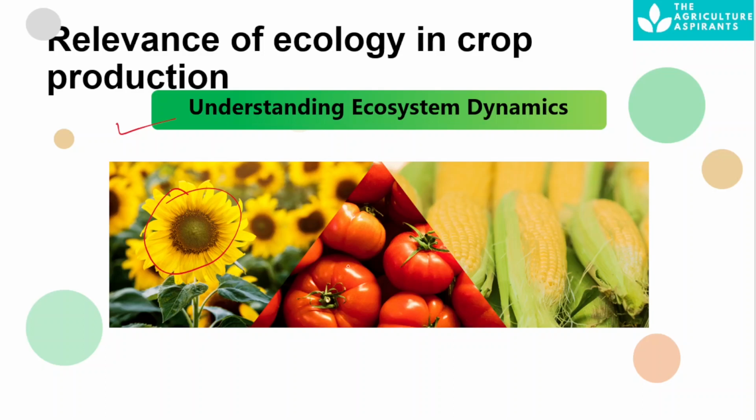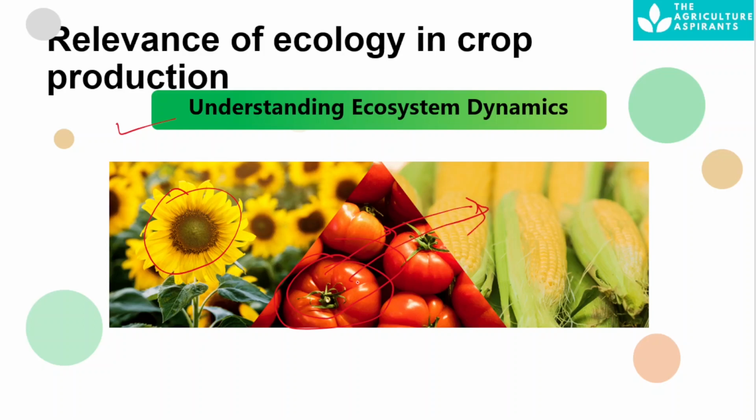Nowadays the tomato price is very high. So I have taken this image to teach you the ecosystem. Knowing the ecosystem of a particular crop and environment, we can grow that crop in a particular area.